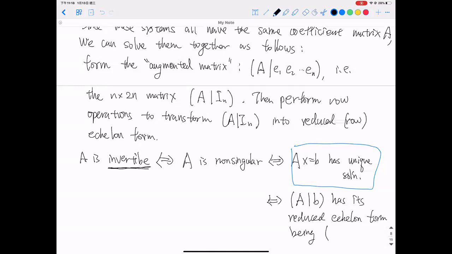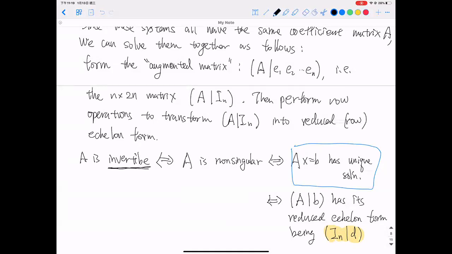For this system to have a unique solution, the reduced echelon form of the augmented matrix has to look like this: I on the left side, some vector d on the right side. Because if you think about it, what does it mean to have a unique solution?